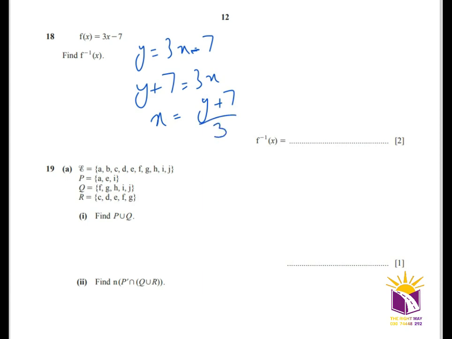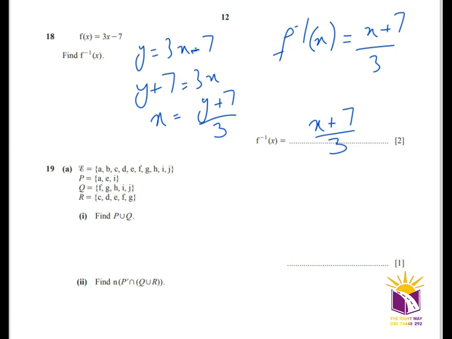Now write f inverse of x in the place of x and x in the place of y. You will get f inverse of x. Sorry, it is 3. And your f inverse of x will be equal to x plus 7 divided by 3. Remember the steps.